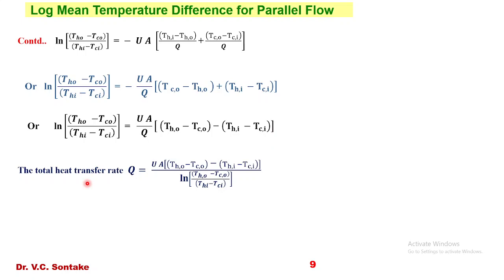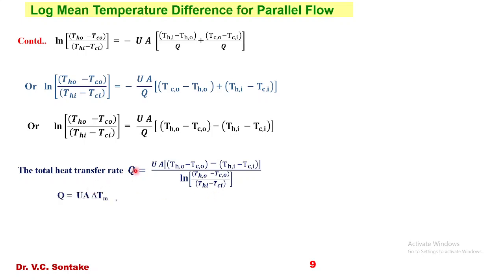Hence, the total heat transfer rate Q will be U into A into THO minus TCO minus THI minus TCI over log of THO minus TCO over THI minus TCI.